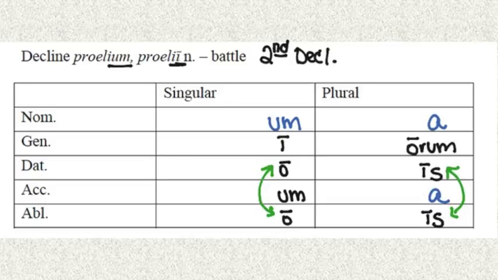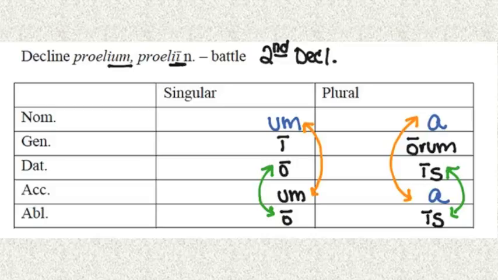In addition, you may have noticed that the nominative and accusative singular are both -um and the nominative and accusative plural are both -a. The fact that the nominative and accusative is the same for both the singular and the plural is a unique feature of neuter nouns, and this will reoccur in the third and fourth declensions.